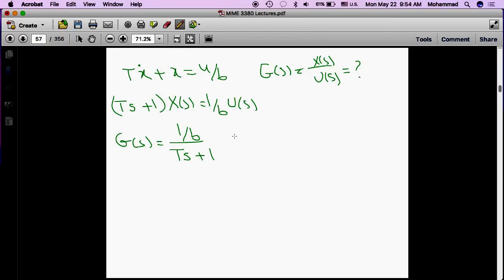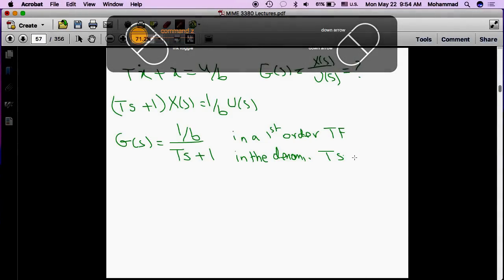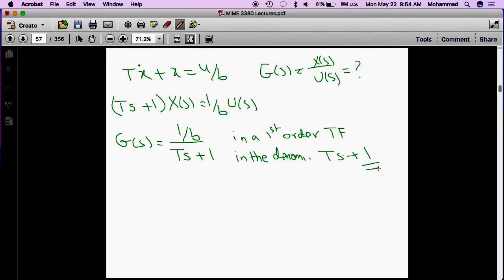So I should say, in the denominator, if you have this form, Ts plus 1, where plus 1 is very important, the coefficient T is the time constant.